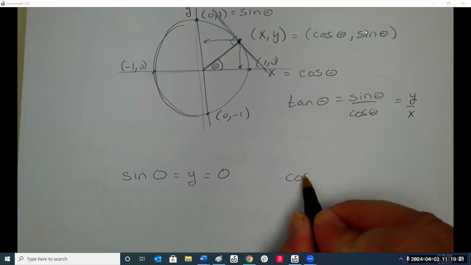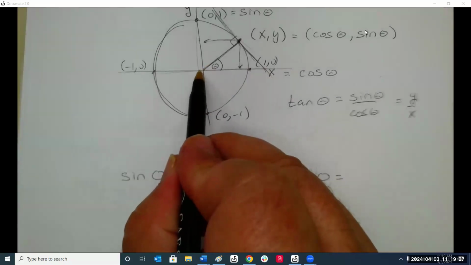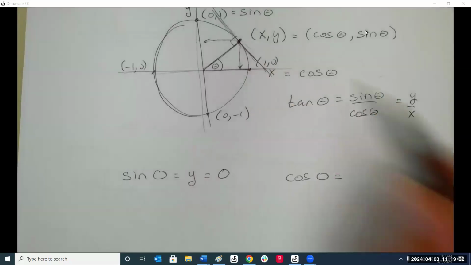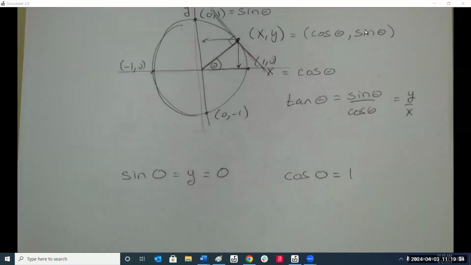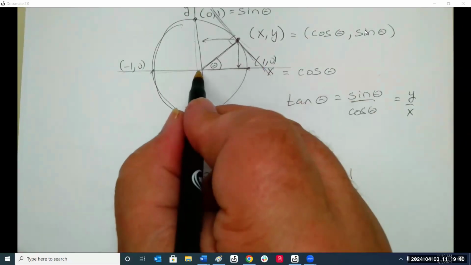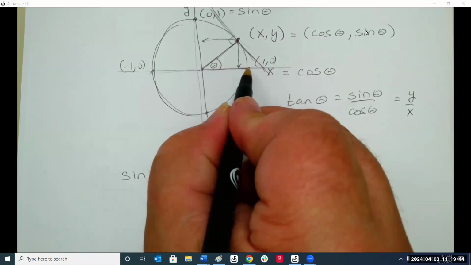What's cosine at 0 degrees? In other words, at 0 degrees, this is the horizontal. It's 1. It starts off here. Everybody says this is the origin, but in the unit circle, this is where it begins.